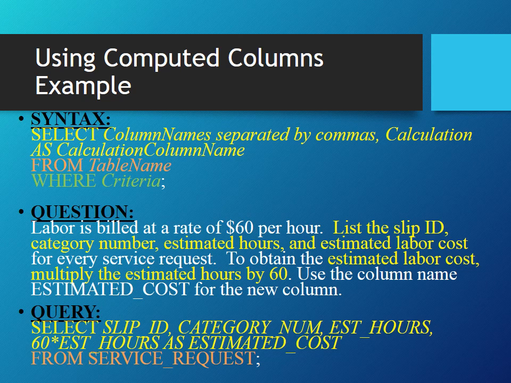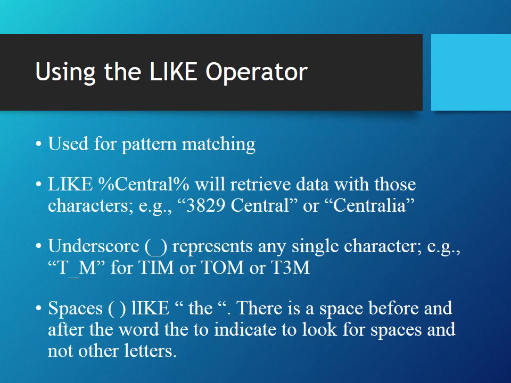Now on to an operator for looking for specific information in text. The like operator is used for pattern matching in text. The percent symbol represents all data after or before the percent sign. An underscore represents any single character. You can use a space as a character to represent the word you are searching for, like the.